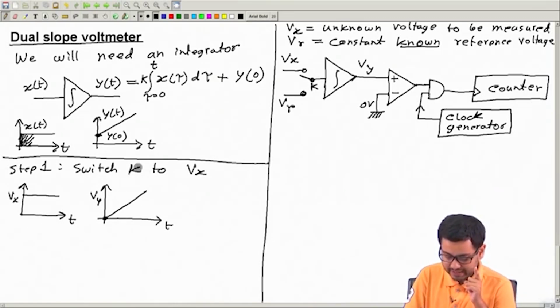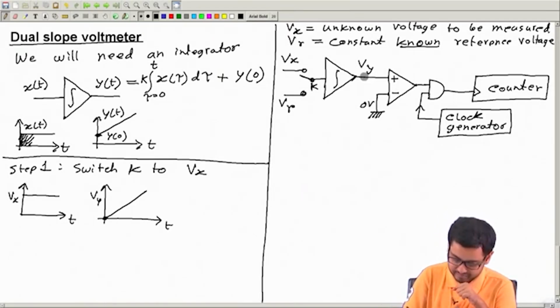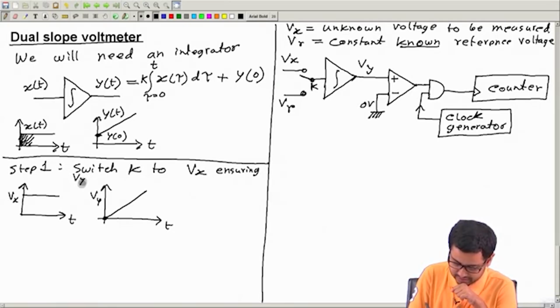When you connect this switch K to Vx, make sure that the integrator output is 0, ensuring Vy is equal to 0 at this moment, at t equal to 0.